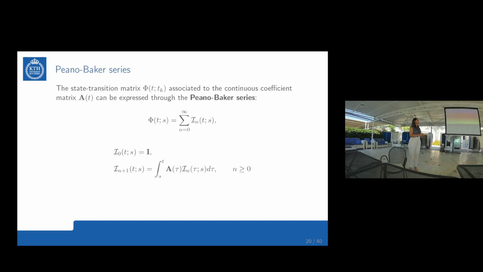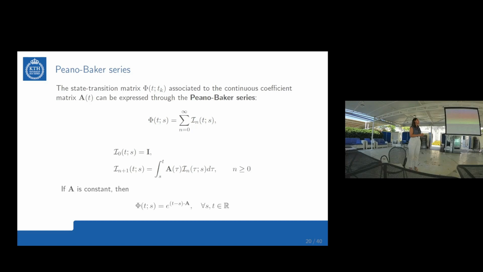So to compute it effectively, we can use this result from control theory, that is the Peano-Baker series. Here the state transition matrix is given by this series, where all these summands are given by this recursive formula, that is an integral of the coefficient matrix times the previous term of this series.